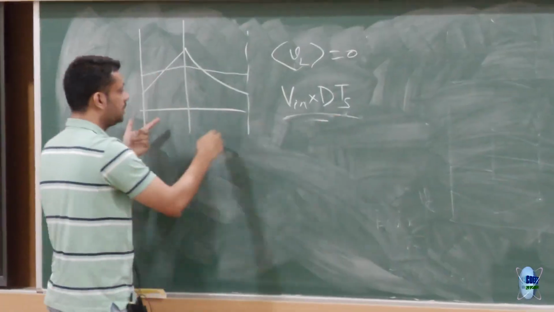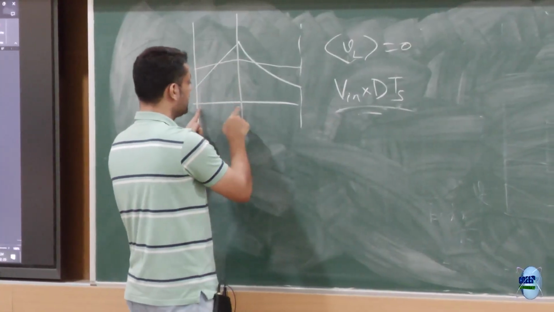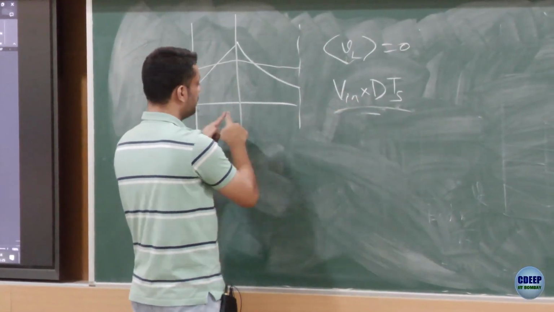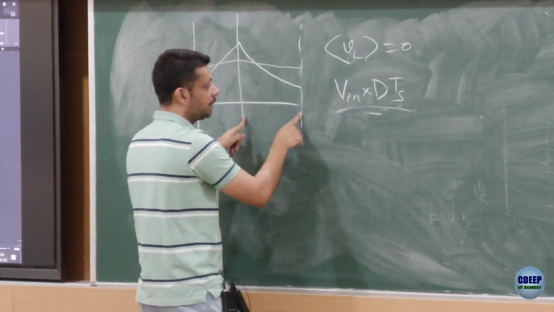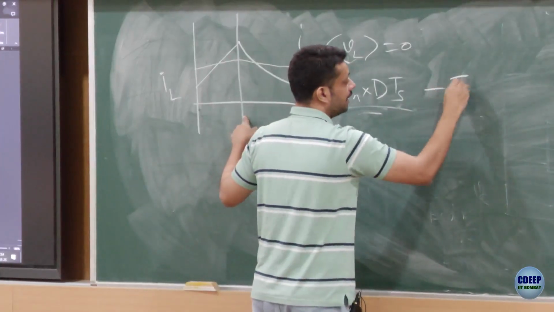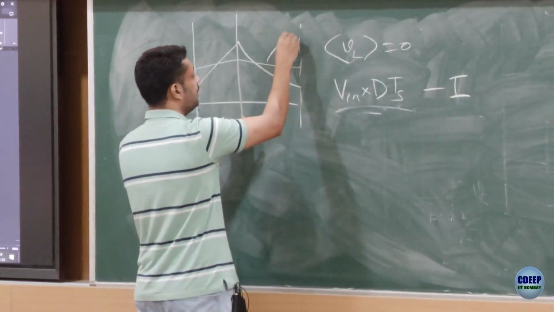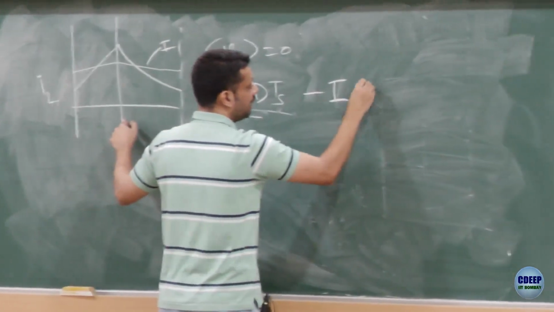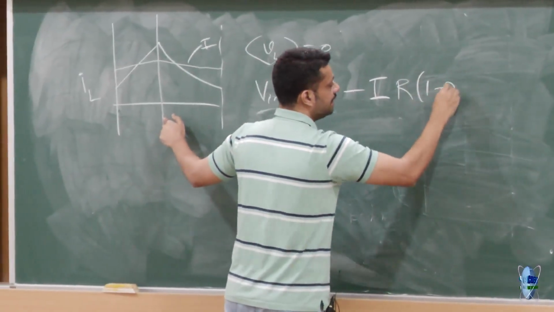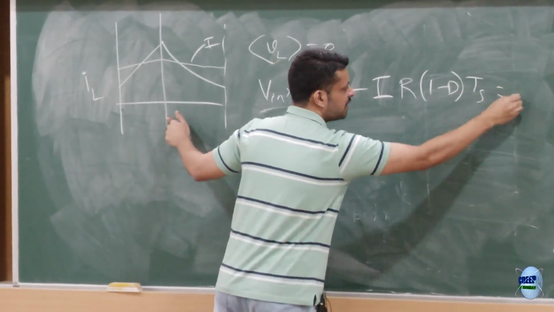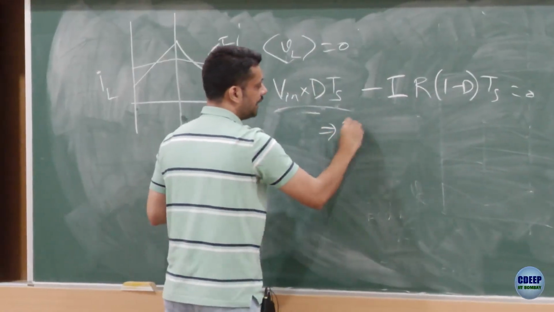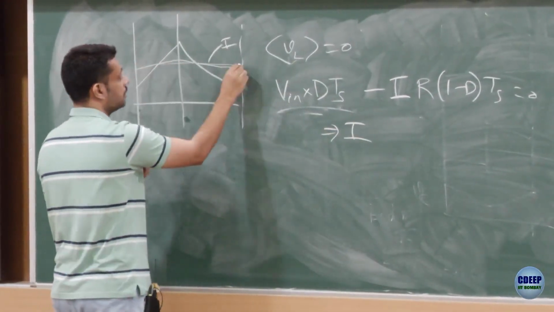The voltage applied here is V in, and the time is D into Ts. The voltage applied here is minus times this, if this is the current, I into R into 1 minus D times Ts. Average is 0. This will give you a value of I, which is this current, right?